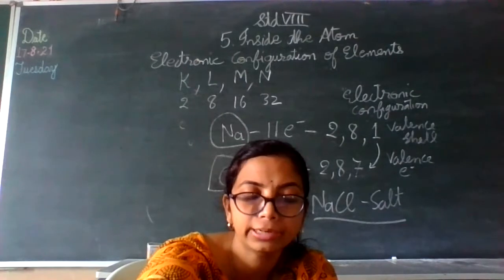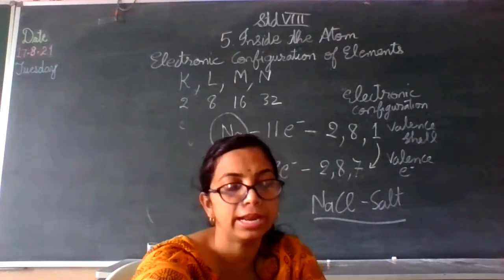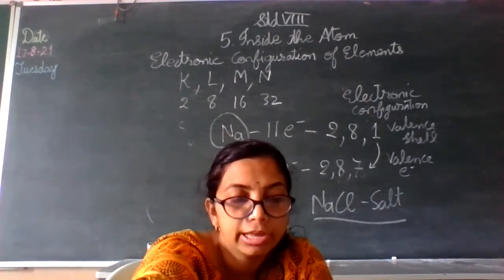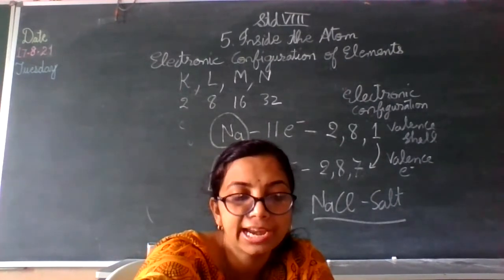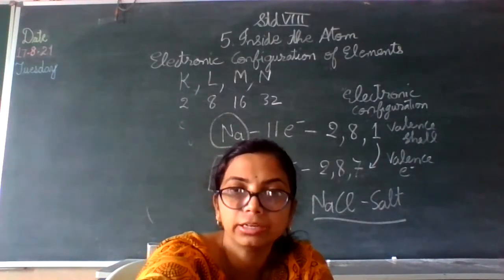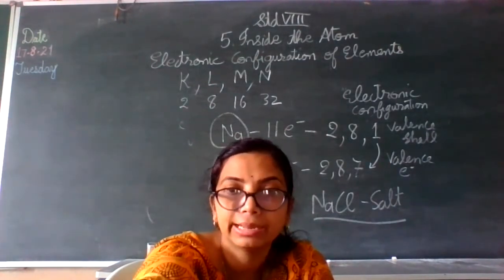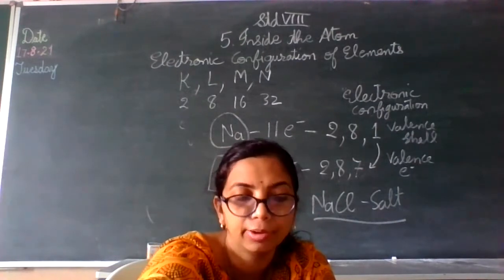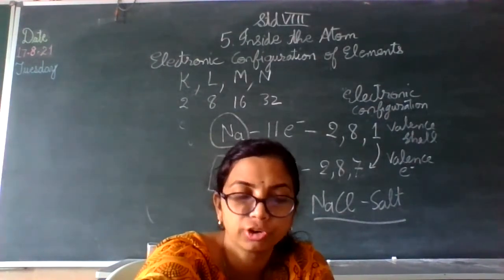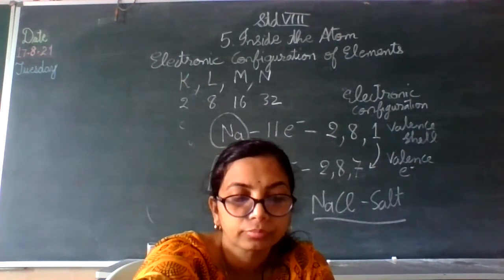Hydrogen is having 1 electron and the number of electrons in its outermost shell is 1, isn't it? Therefore, the Z value, the number of protons, is also 1 to make it an electrically stable atom. Positive and negative charges should be the same.